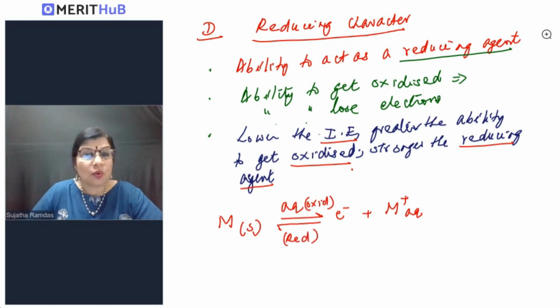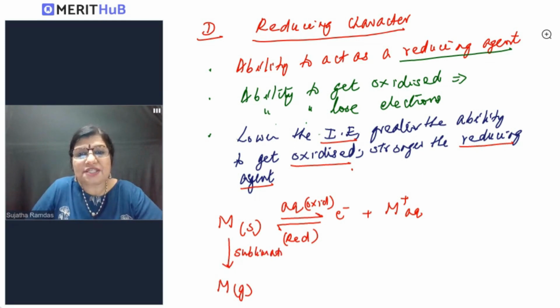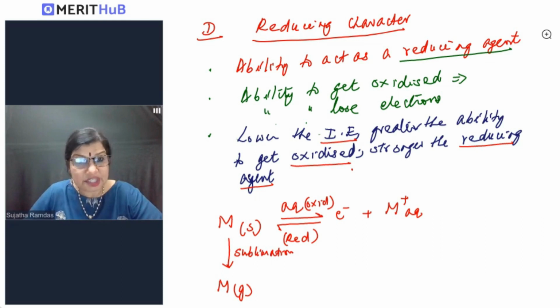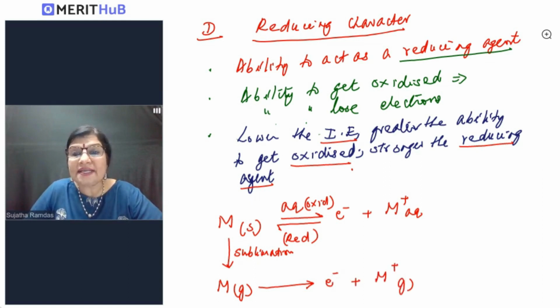Now for this process to happen, the first step is for the metal to get converted into the gaseous state. What do we call this? This is atomization or sublimation, sublimation enthalpy. Once the metal is in the gaseous state, this gaseous metal atom will lose one electron to form a metal ion in the gaseous state.